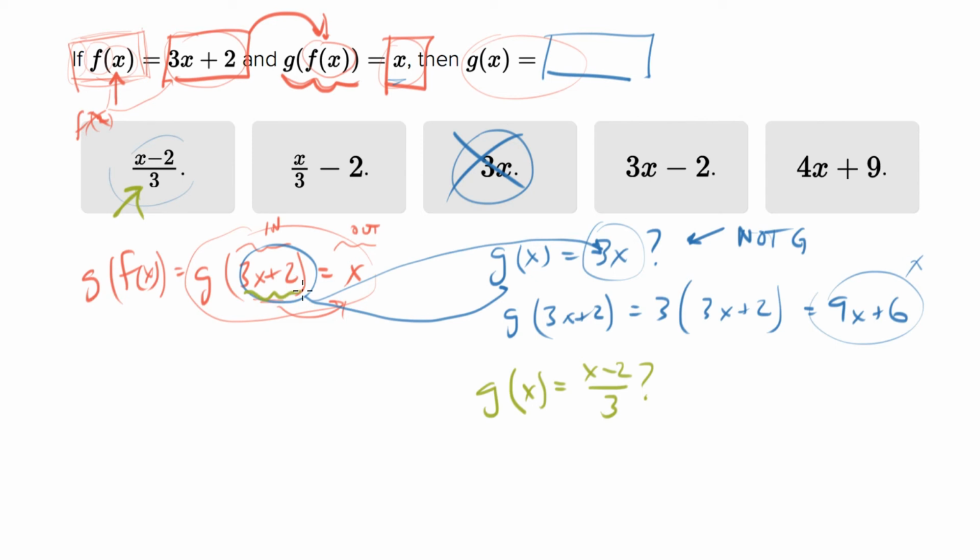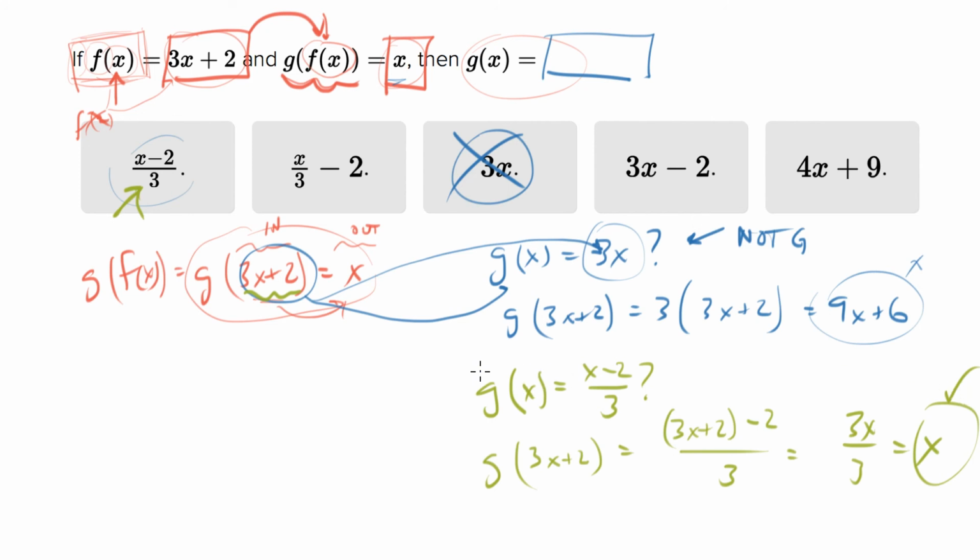So we want 3x plus 2. So g of 3x plus 2 equals 3x plus 2 minus 2, over 3. So you get 3x plus 2 minus 2 is 3x, over 3, equals x. And hey, bingo. That is what we were hunting for.